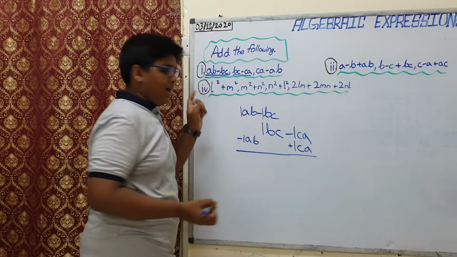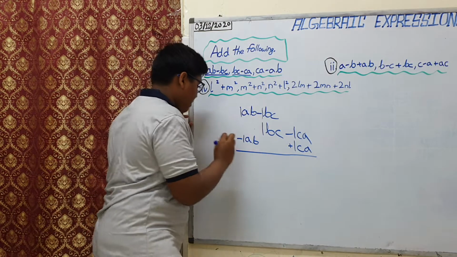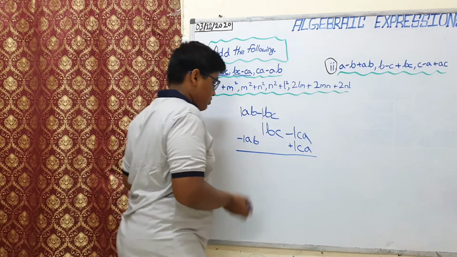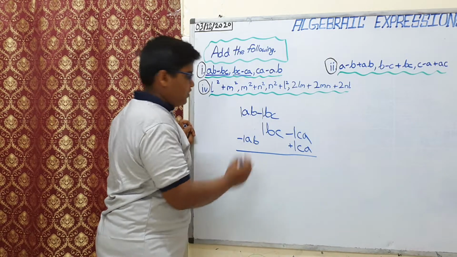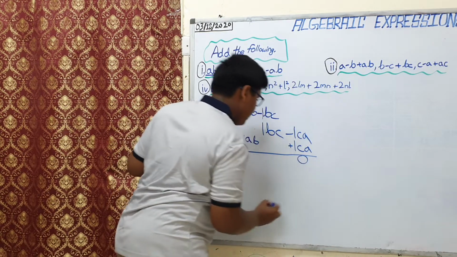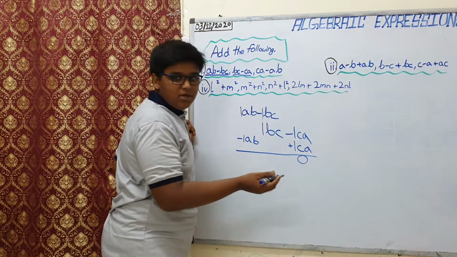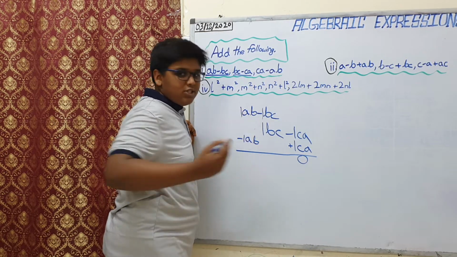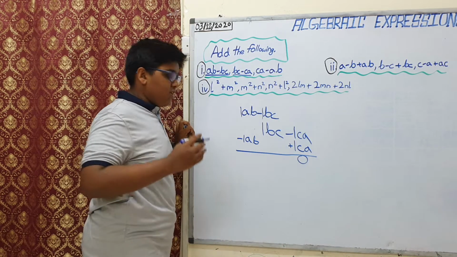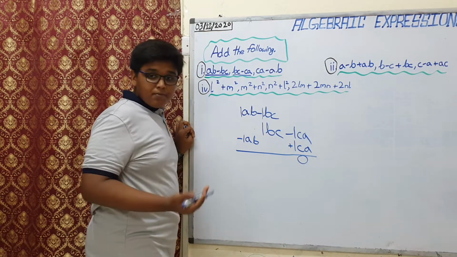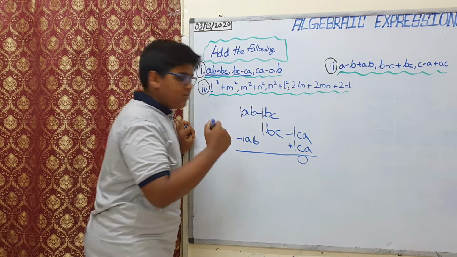Now we are going to add them, the whole sum. So 1 minus 1, this is minus sign and this is plus sign, which is equal to 0. Minus plus is equal to minus. So minus 1 minus 1, 1 minus 1 is equal to 0.